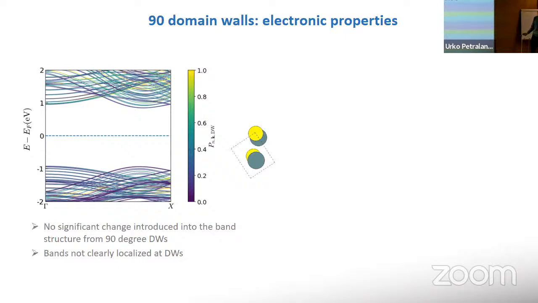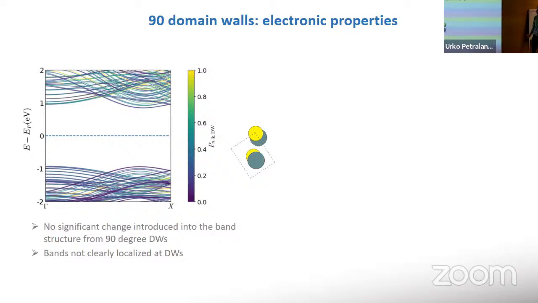This is the localization: 1.0, a yellow band, would mean that all the states live only at the domain wall. We see it's pretty spread all around. We don't see a real impact. 90-degree domain walls don't exert a very high influence on the electronic structure of the material.